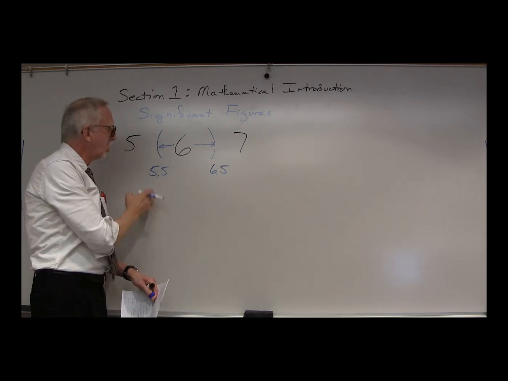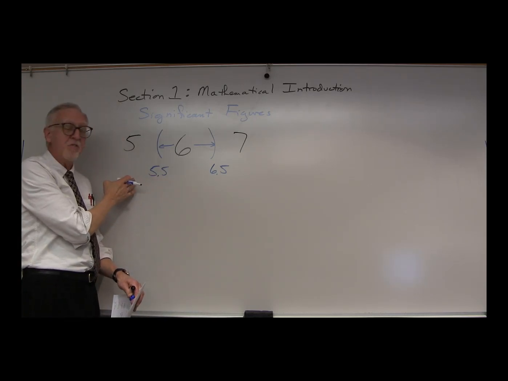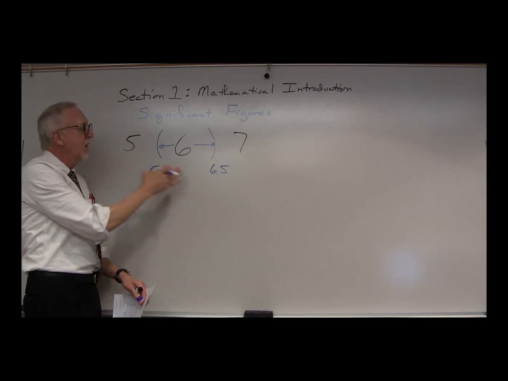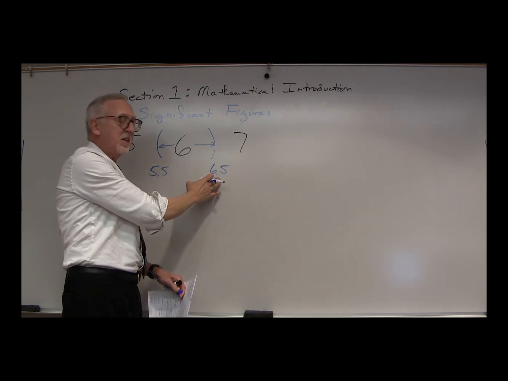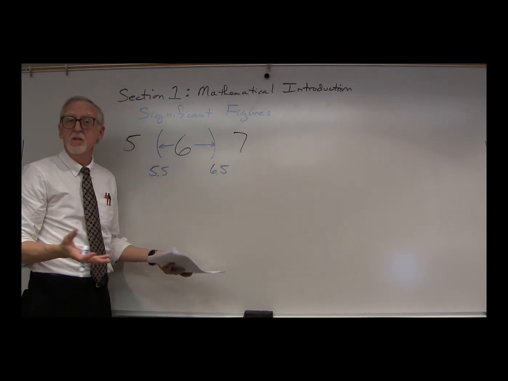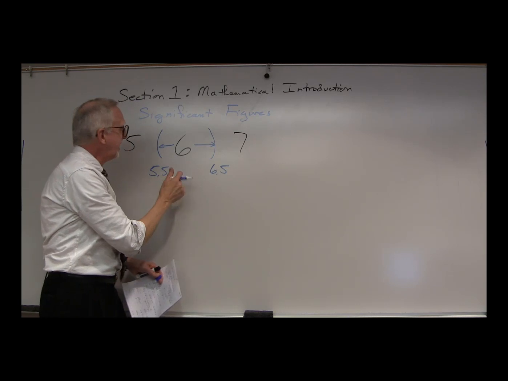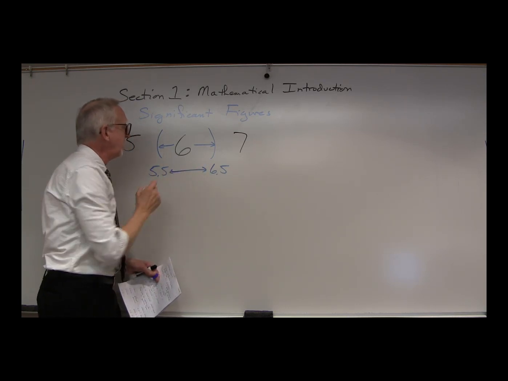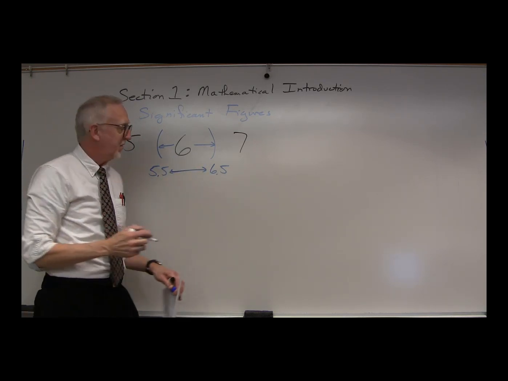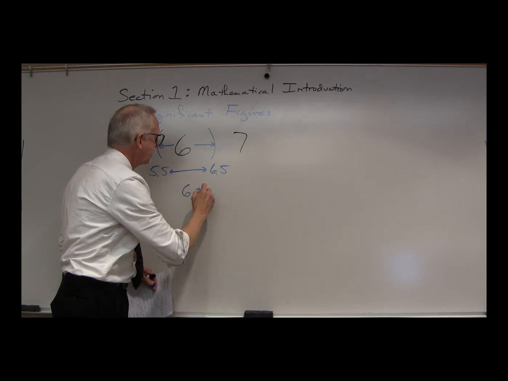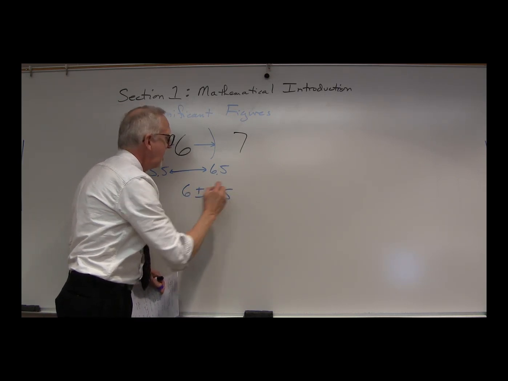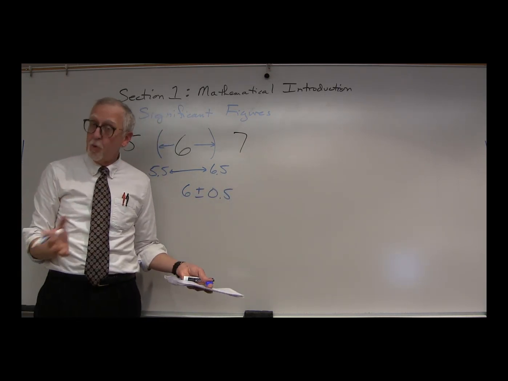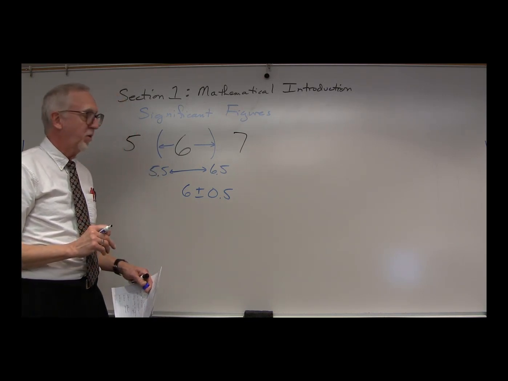If the value were a little bit less than 5.5, hopefully we would say it was 5. If it were a little bit bigger than 6.5, hopefully we would say it were 7. So we're going to say something in between 5.5 and 6.5. In other words, 6 plus or minus a half, in other words, 0.5. 6 plus or minus 0.5.